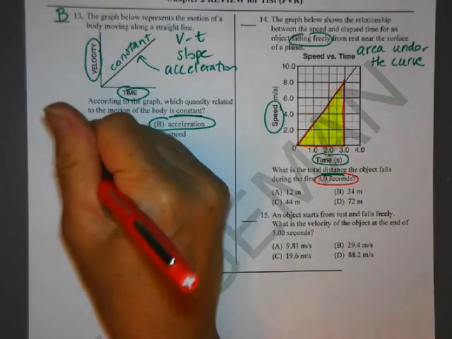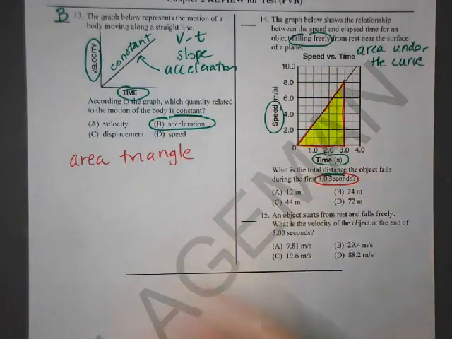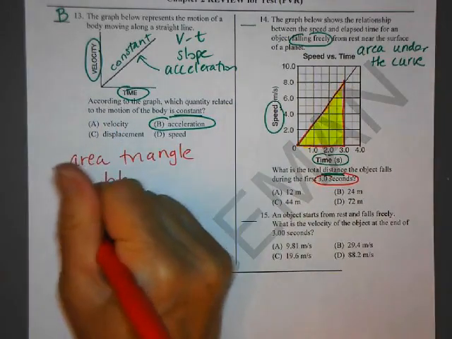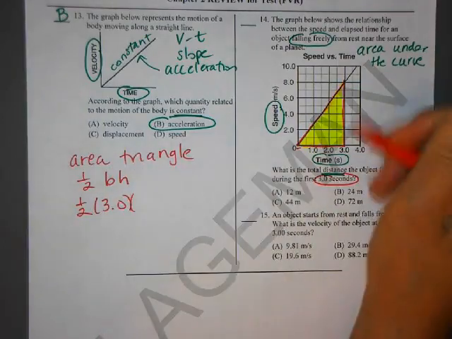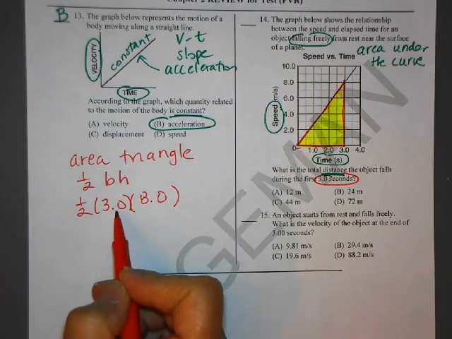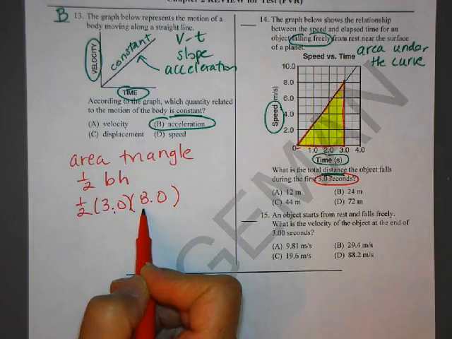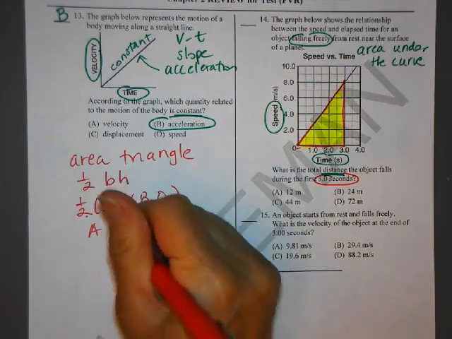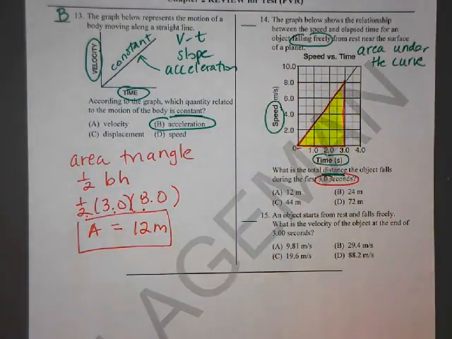So the area of the triangle is 1/2 base times height. So 1/2 the base, which is 3, times the height, which is 8. So 3 times 8 is 24 divided by 2. So the area is equal to 12 meters, which is how far it went.